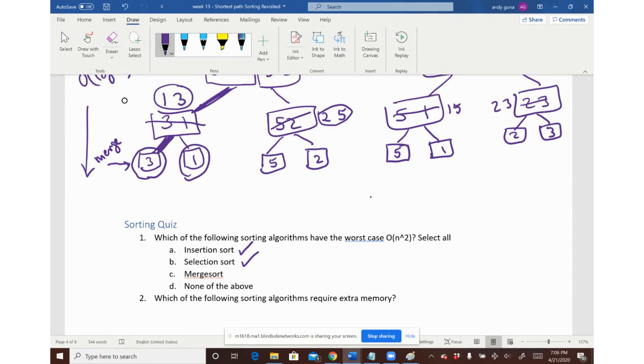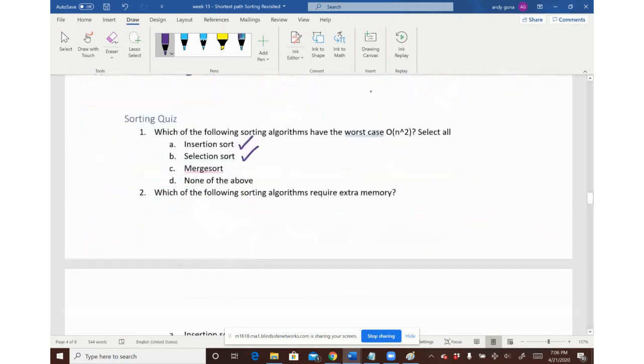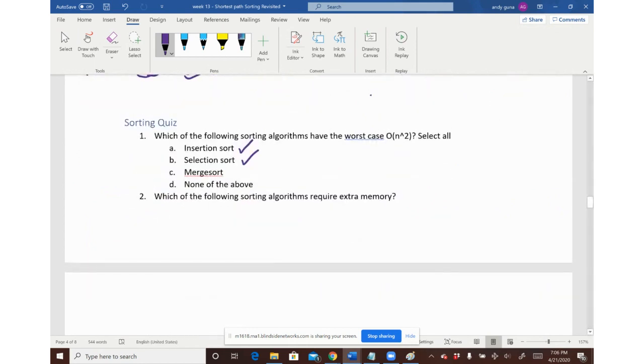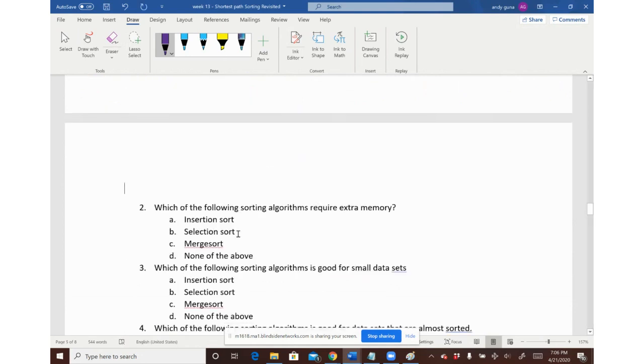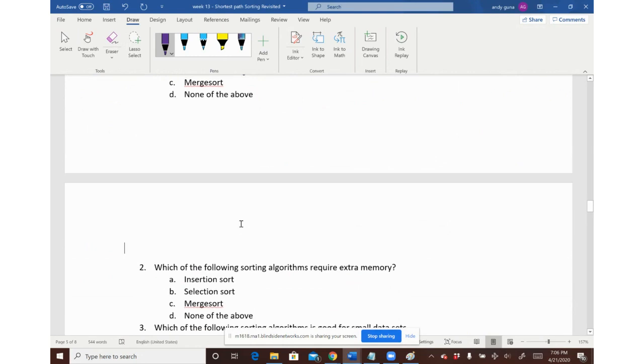Let's ask the next question. Which of the following sorting algorithms require extra memory?